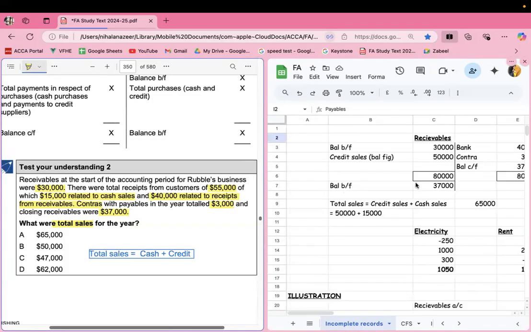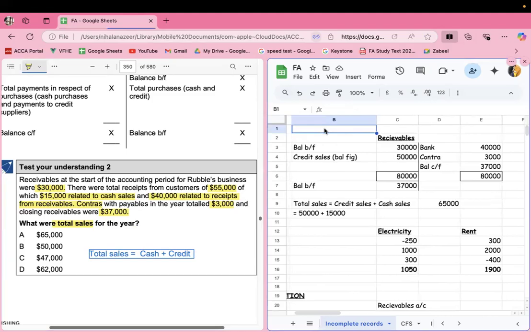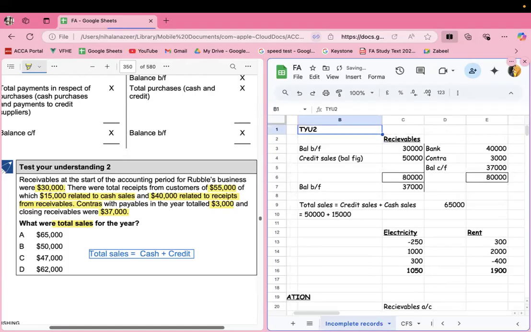Test your understanding to this one. Okay. TYU2. In the question, if you read carefully, they have given you the opening balance 30,000. They have separately told you the total received from customers. Receipt means you have got some cash.